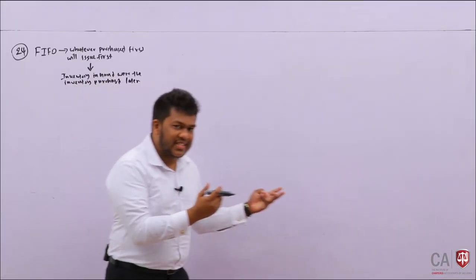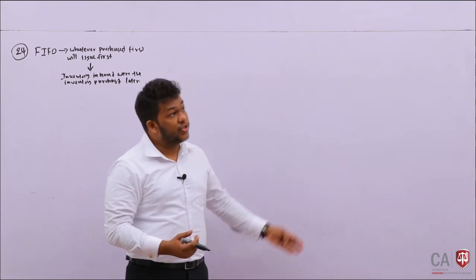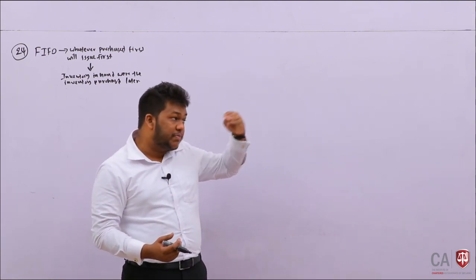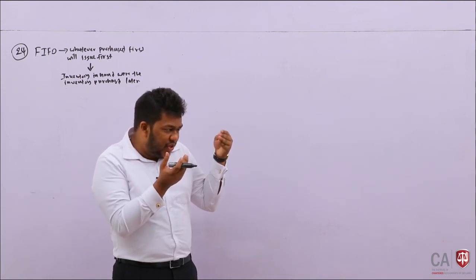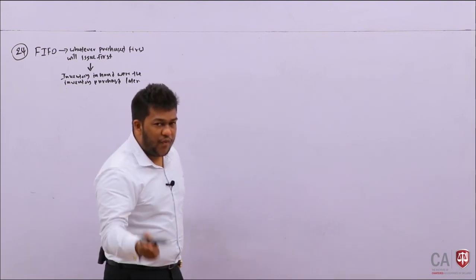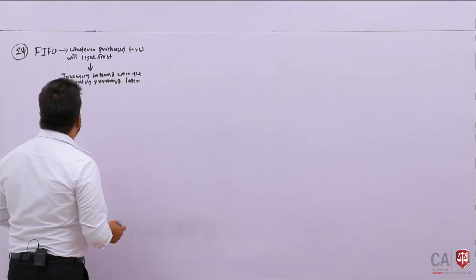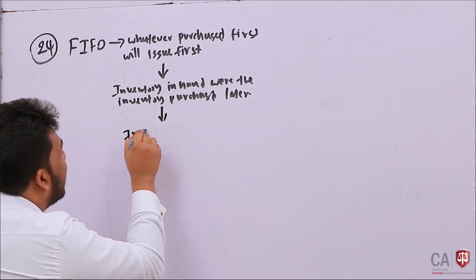It is the recently bought inventory, not the inventory you purchased few years ago, because those are already sold. First in, first out. Whatever you have in the hand is the inventory you bought later. You haven't sold that. So when the price is increased, this inventory cost will increase.